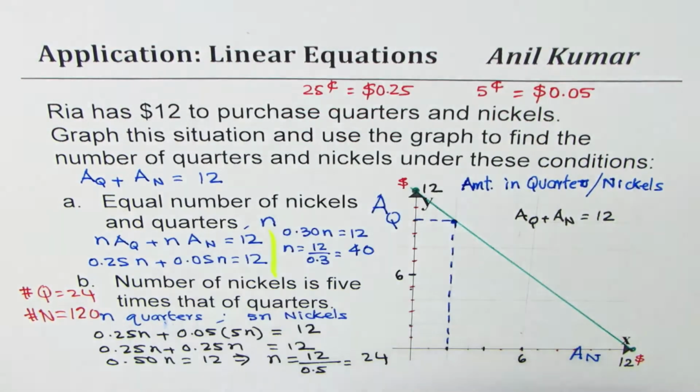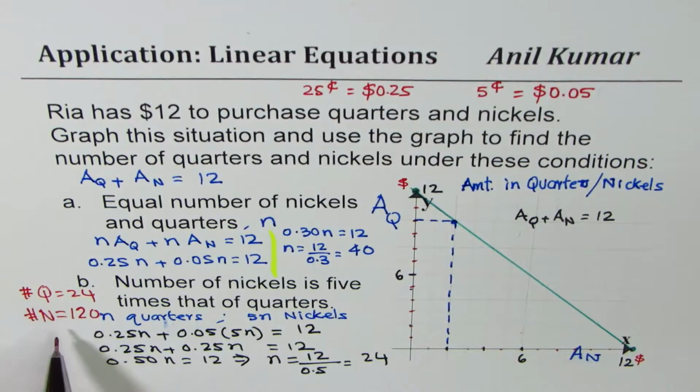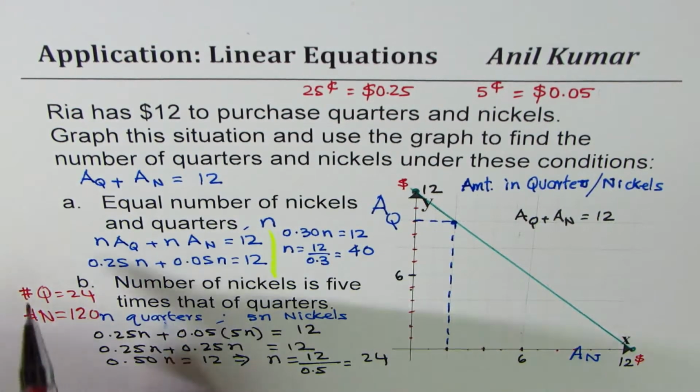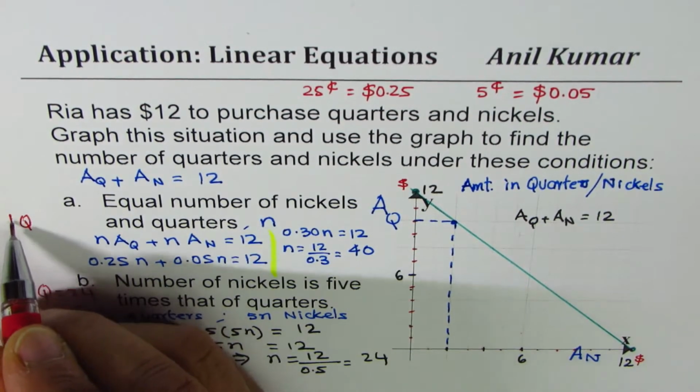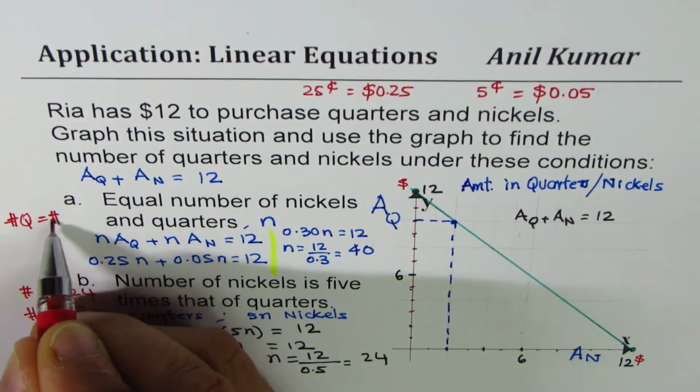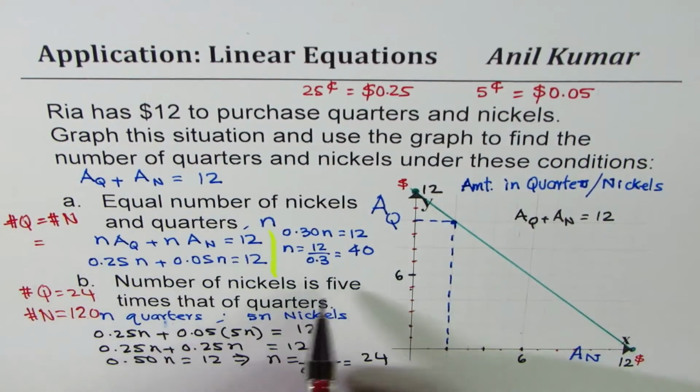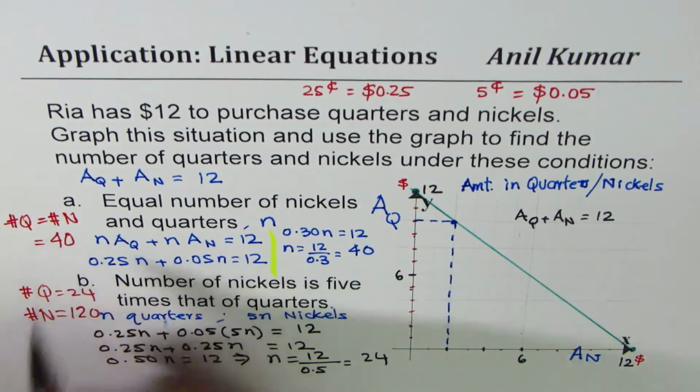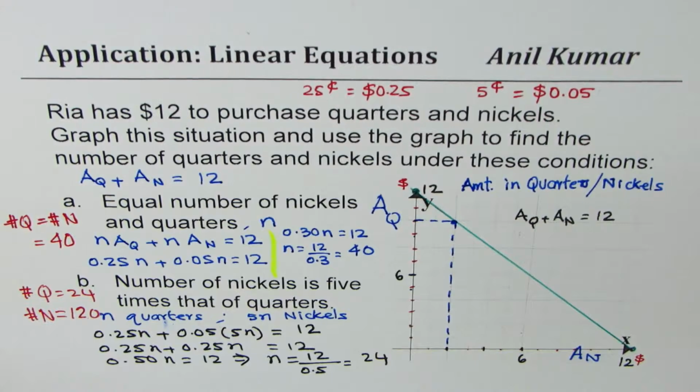So we got the number. When we see number of quarters and number of nickels, this is that much. Earlier, we got the number of quarters equal to the number of nickels, and that number was 40 each. So that is how you could solve this particular question. I hope the solution is clear.